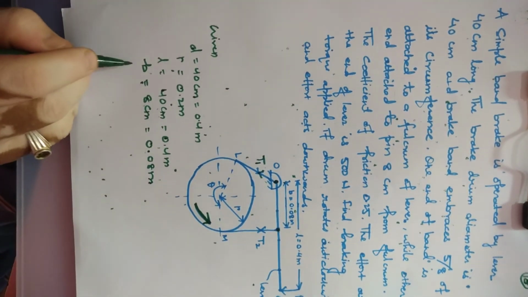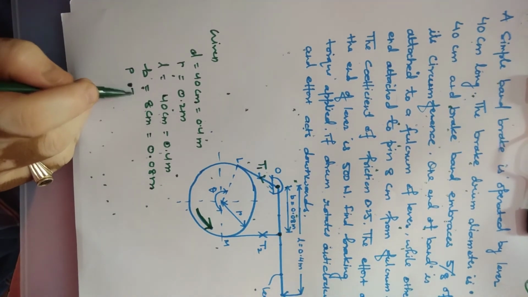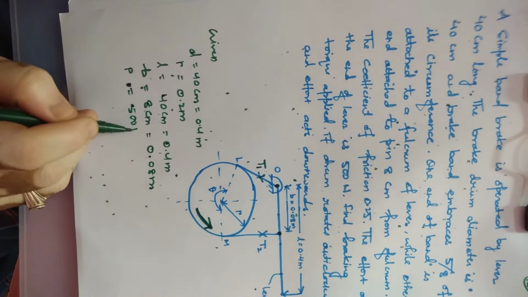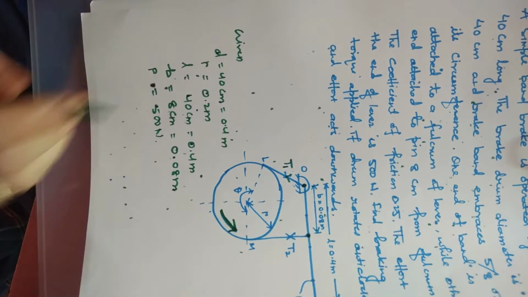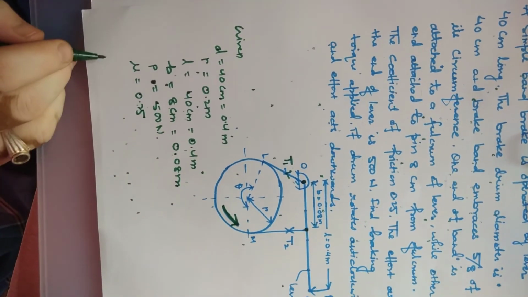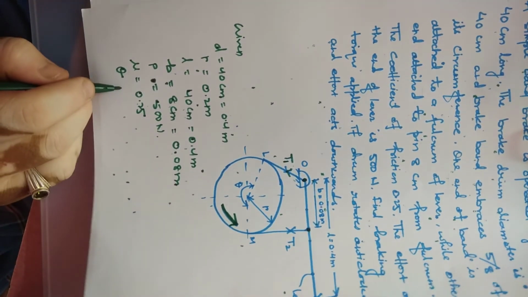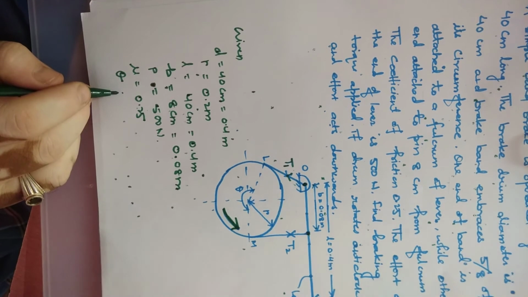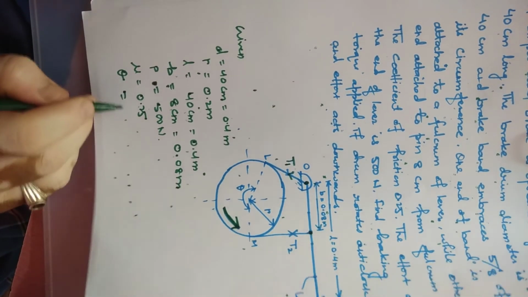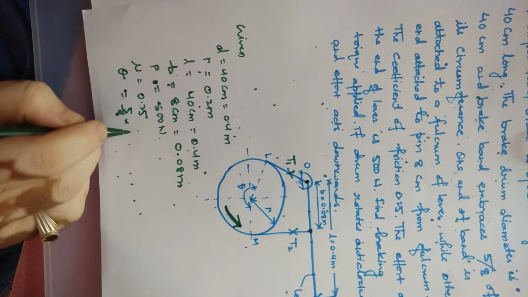Now P is the force applied, which acts downward, and that is 500 Newton, the value of mu is given 0.25, and the angle of embrace is given as 5 by 8.